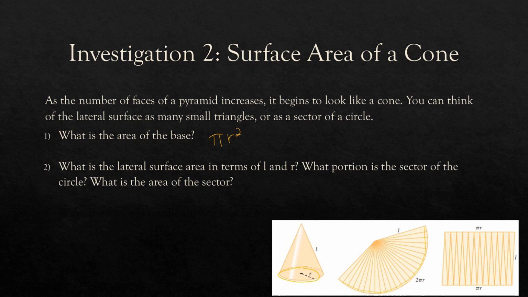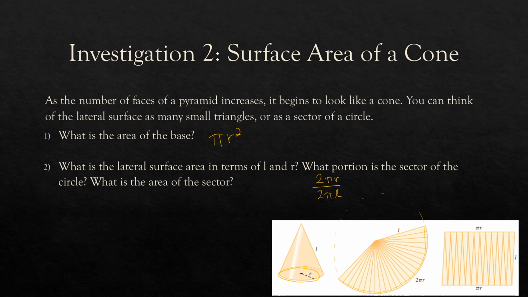So we know that the part of it is 2 pi r. And what is the entire circle? Well, L right here is the r of this big circle. So from there, it would be 2 pi L would be the entire circumference.